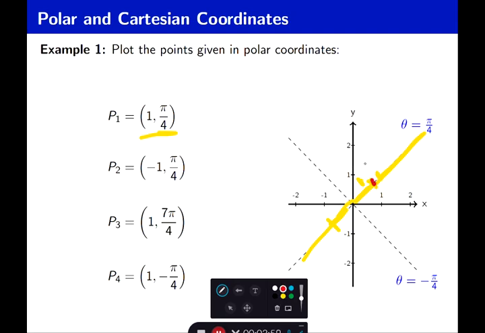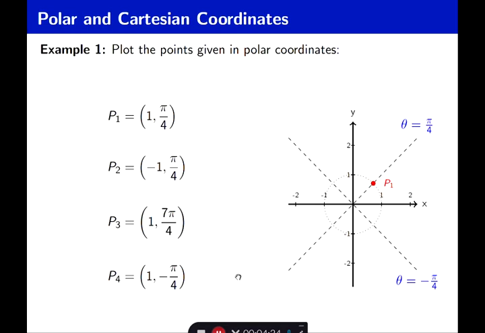How about 7 pi fourth? 7 pi fourth is basically over here, and you separate 1 out of it, and it's right there. How about 1 and negative pi fourth? Negative pi fourth is the same thing as 7 pi fourth, and you separate 1, it's right there.